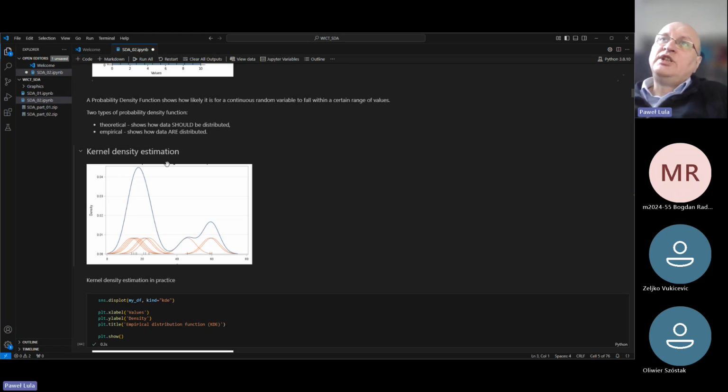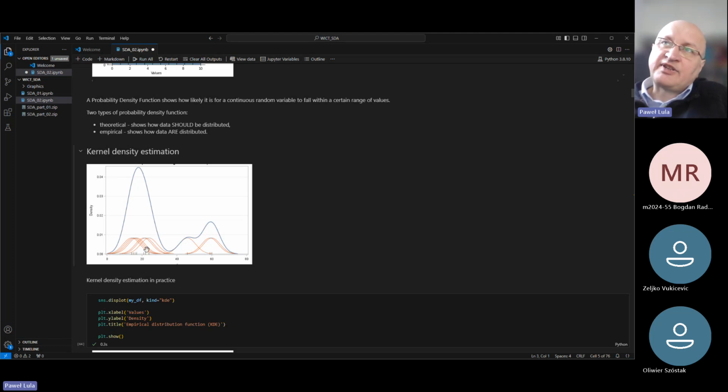So we know the probability density function. And this way in which the probability density function is estimated using many bell-shaped curves located under every point is called kernel density estimation.